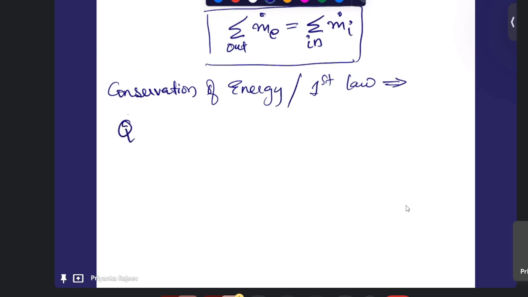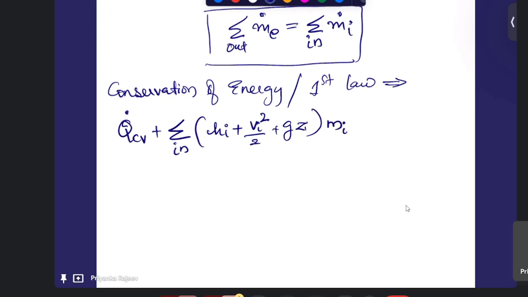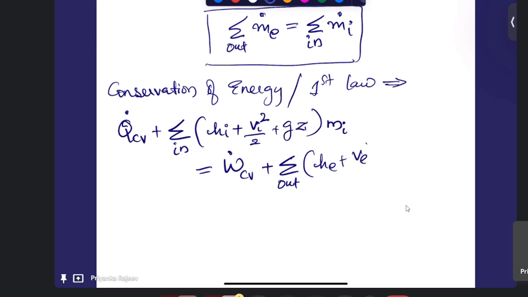Q dot CV plus summation of enthalpy, kinetic energy, potential energy of the inlet flow is equal to W dot CV plus summation of enthalpy, kinetic energy, potential energy of outlet flow.